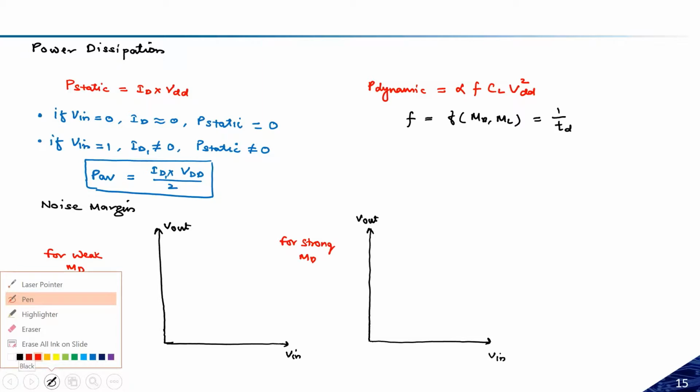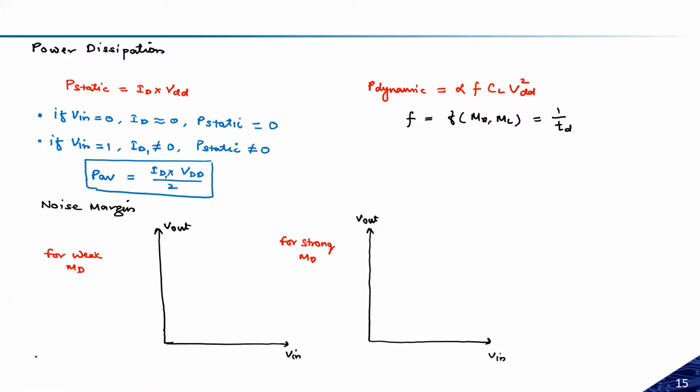Can anyone tell me how the characteristics will be different in both the diagrams? For weak MD, the noise margin will be lesser. Where will the noise margin be lesser? Sir, for weak MD. In the weak MD, yes, perfect.